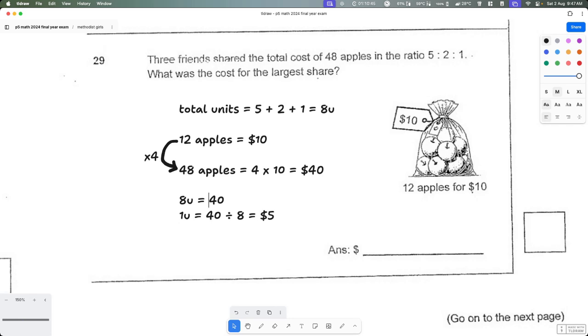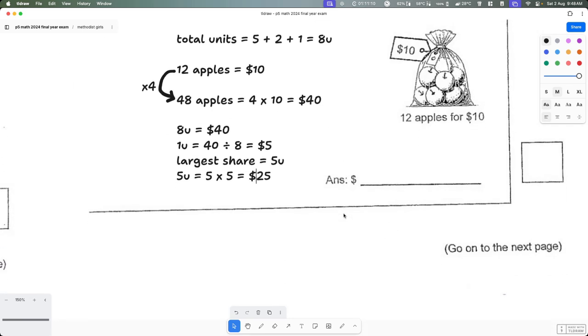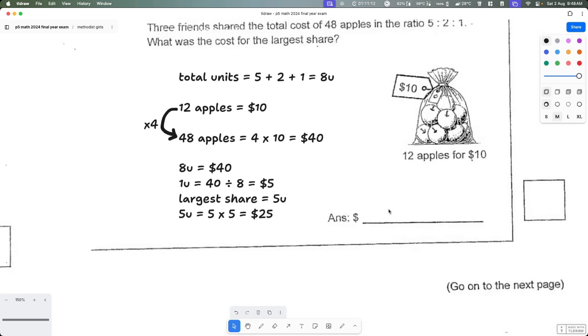Then the largest share is equal to 5 units. So 5 units equal to 5 times 5, which is $25. There you go, and that's the answer, $25.